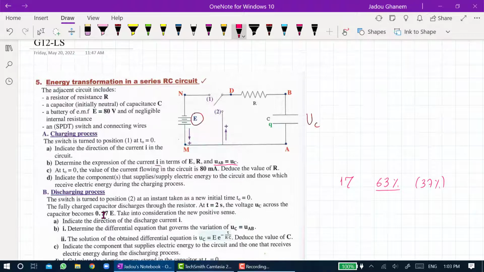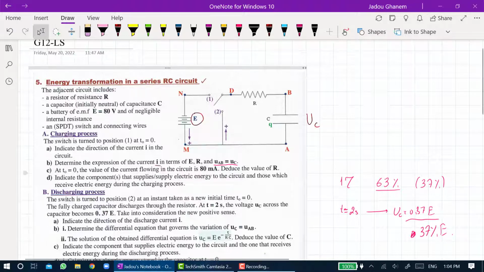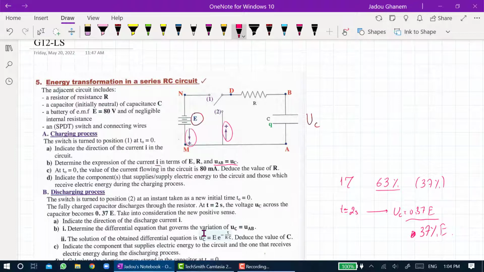Here they said that at t equal 2 seconds, the voltage across the capacitor is 0.37 E, so the remaining value is 37% out of E. So now we can say that t equal 2 is 1 tau. Take into consideration the new positive sense, which is against the initial one.